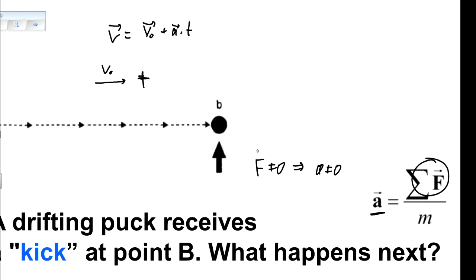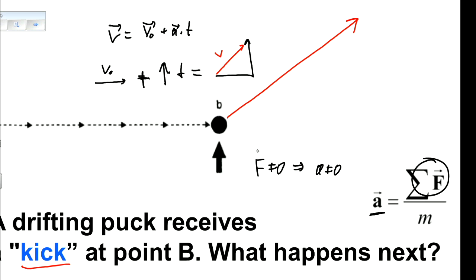So we need to add 2 vectors. The new velocity points like this. But after the kick, that's why we call it a kick, does force act on the ball? No, not anymore. So after the kick, velocity remains constant. That's how it's going to travel. This is the physics, not equations.